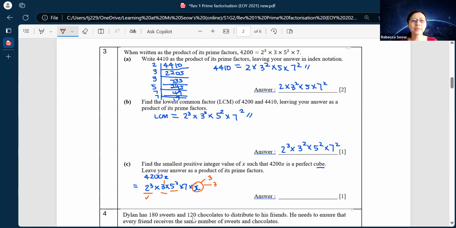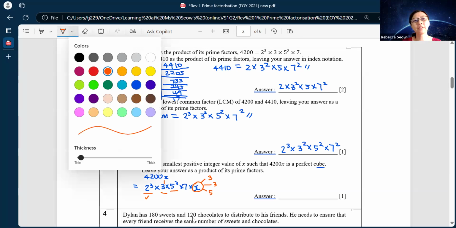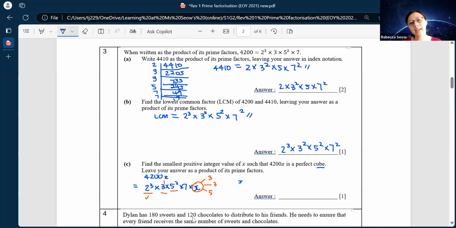And 5 squared, we need to multiply one more time of 5 to 5 squared to make 5 cubed. So we can see from here that x is equal to 3 squared multiplied by 5. So that will be our answer as a product of prime factors.